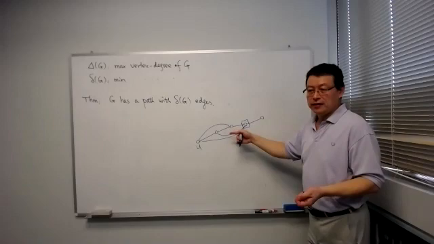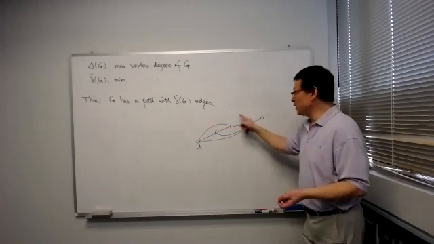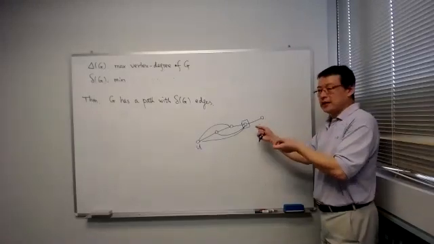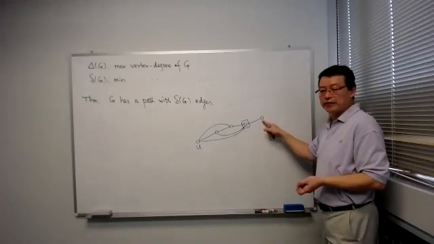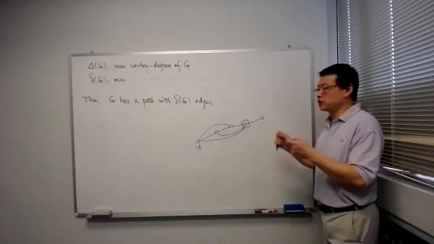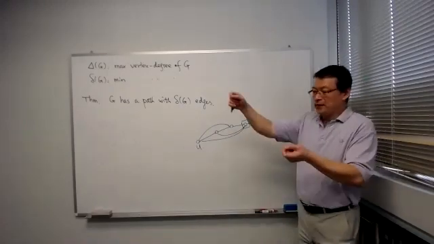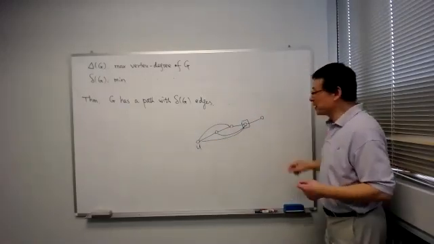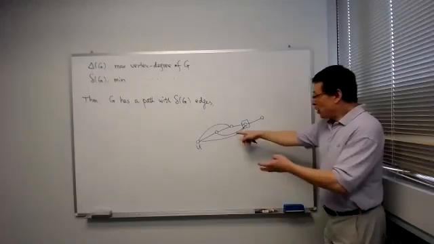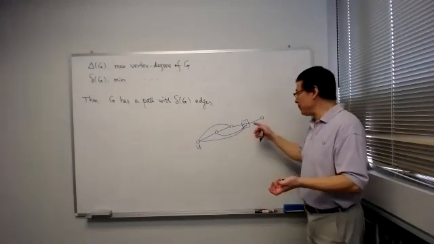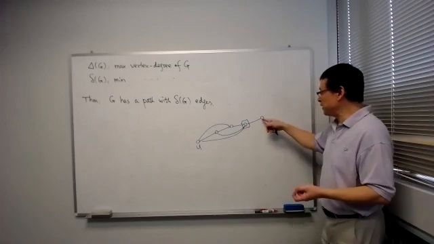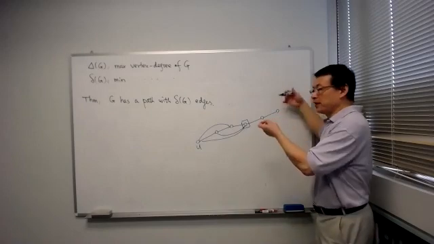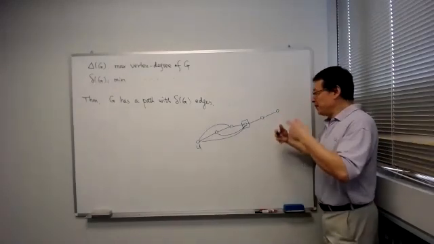So whenever this part is smaller than delta, I can always grow the path to add one more vertex. So that gives us an idea of how to prove it. So it seems I can keep on growing paths, but it's not easy to say clearly what's going on. So I draw it, and I think I can convey the idea by doing things like this. If this one has one more vertex outside, I can keep on growing. I keep on growing. But how can I make it formal?